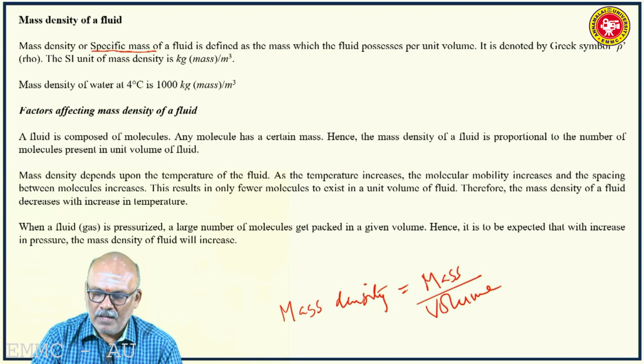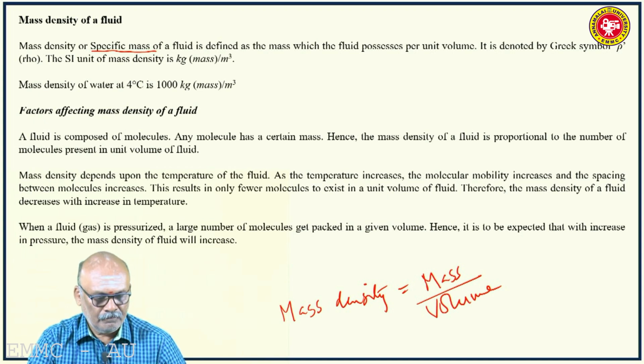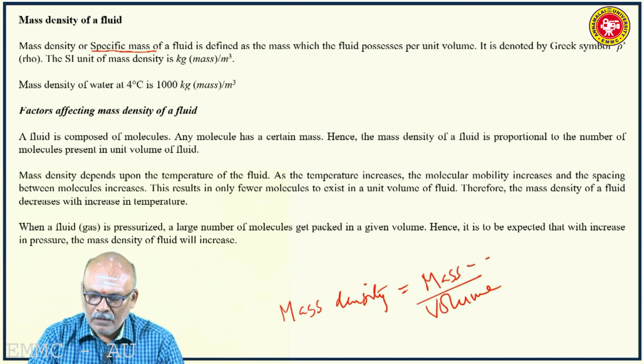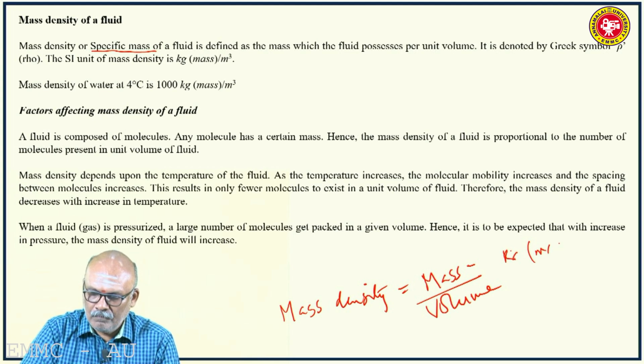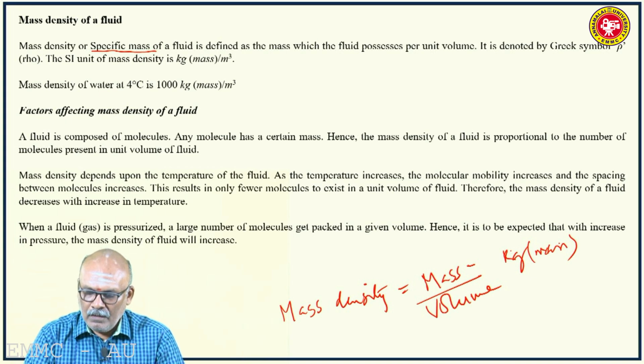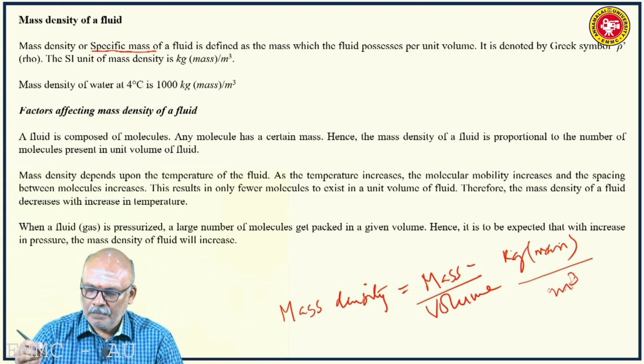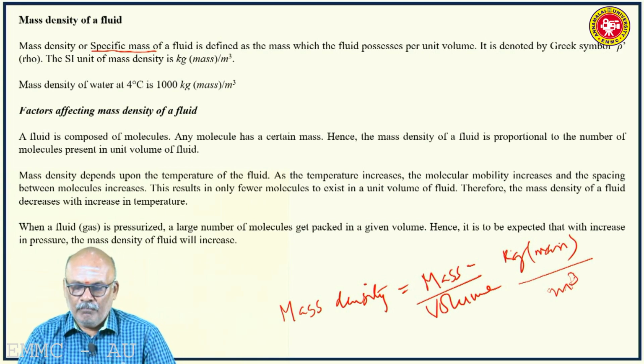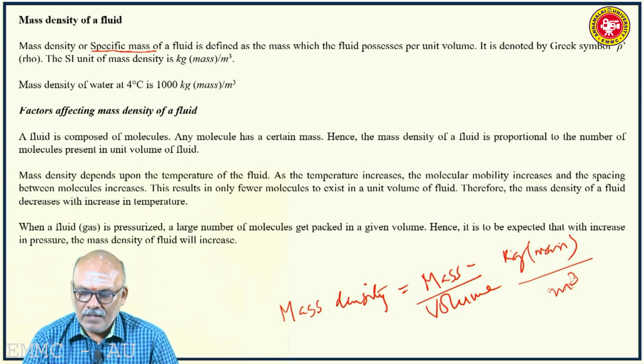The unit of mass in SI system is kilogram, and volume is in meter cube in SI system. So the unit of mass in SI system is kilogram mass.